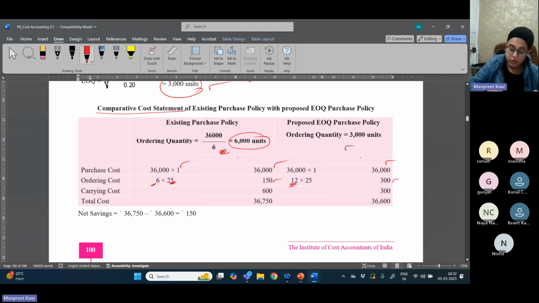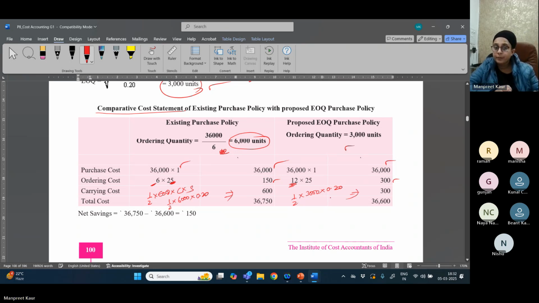Carrying cost formula is half EOQ into C into S. This is the formula. Half multiplied by EOQ is 6,000 in the existing case, and here half EOQ is 3,000. Carrying cost is 0.20 multiplied by C, and you can see the cost is clear now.